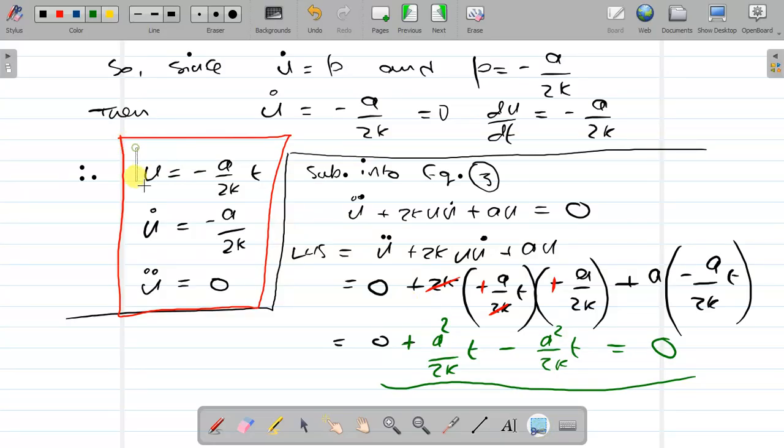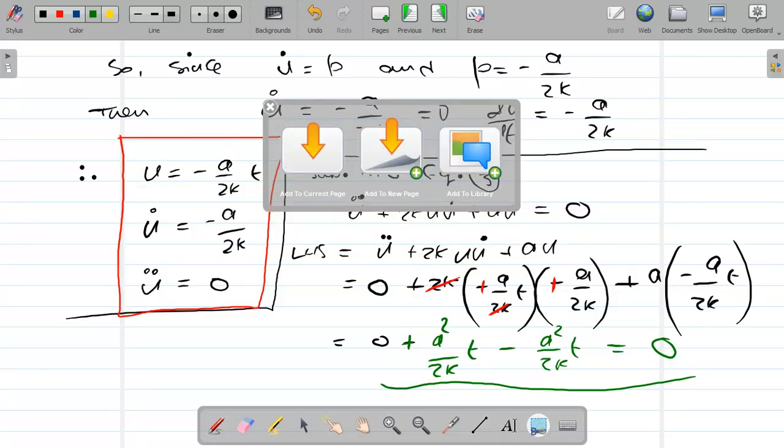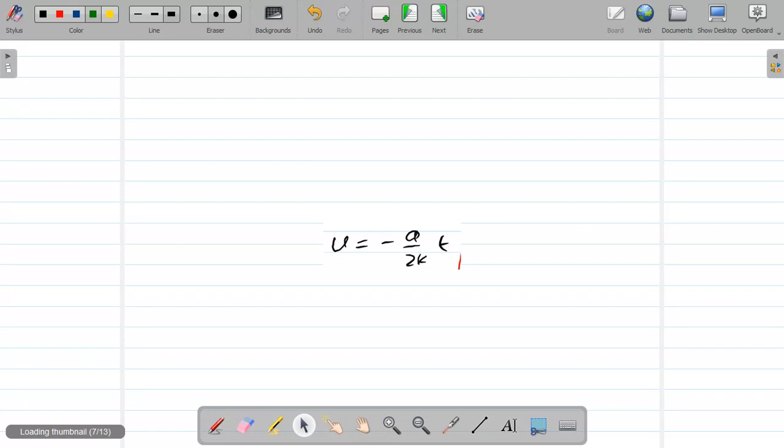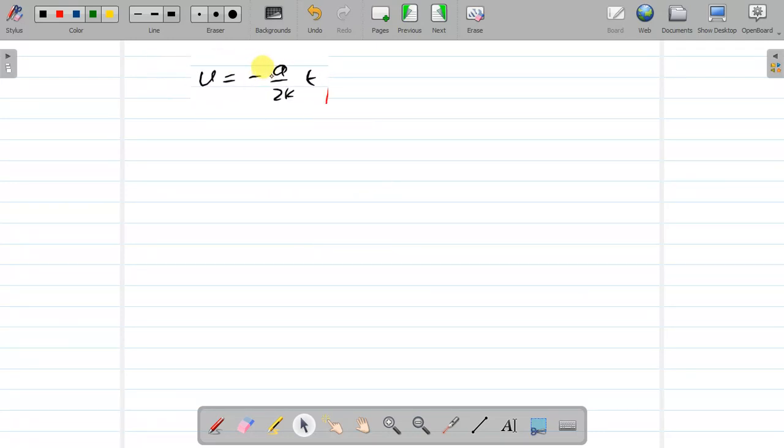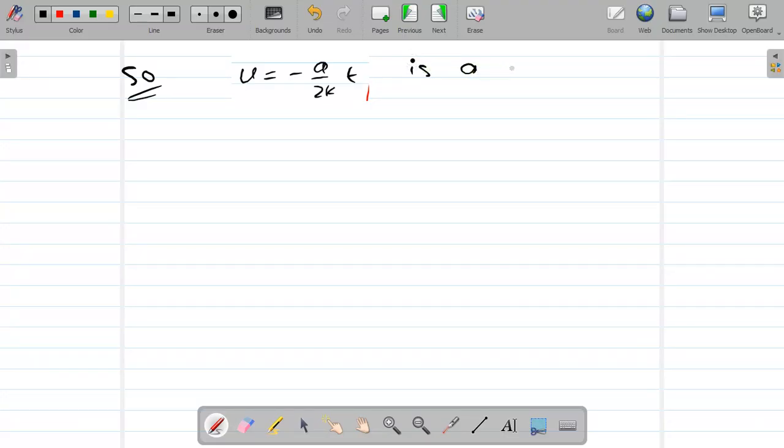Let's just cut that, add to new page. Right, so is 1 linearly independent? Actually, I'm not sure if this solution and the second solution for this equation will be linearly independent.